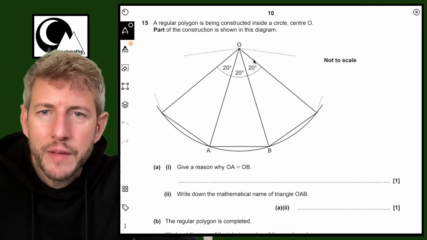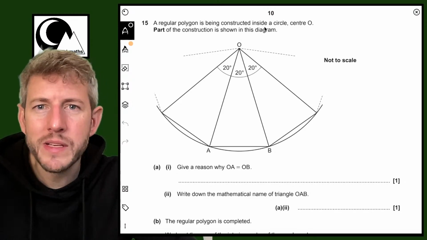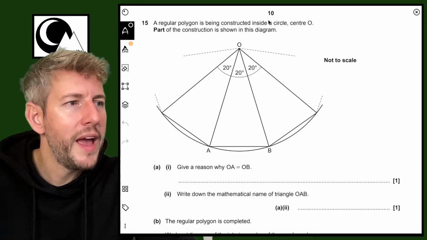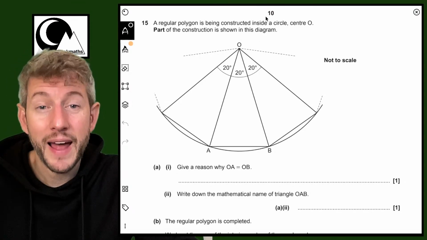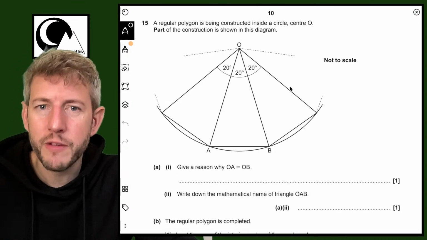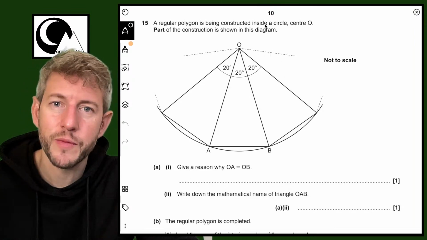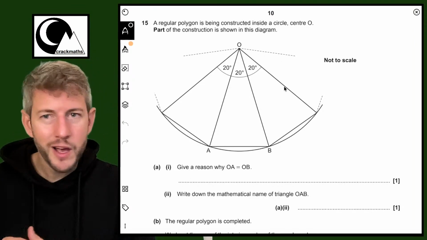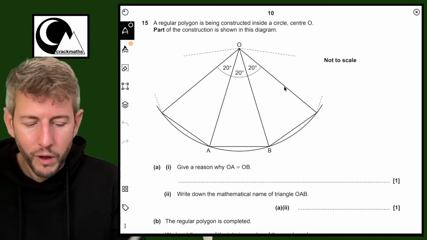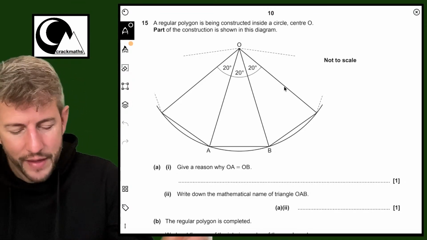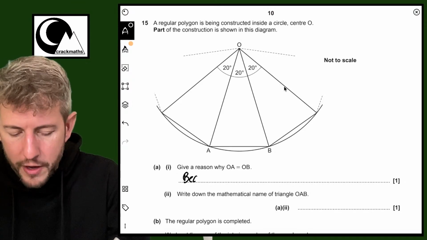Well, if this is a circle and O is the centre, OA is the radius because that's the distance from the centre to the outside, and OB must also be the radius, because that's the distance from the centre to the outside. A circle doesn't have multiple radiuses, it's just got one radius. So the reason why OA equals OB is because they are both the radius.